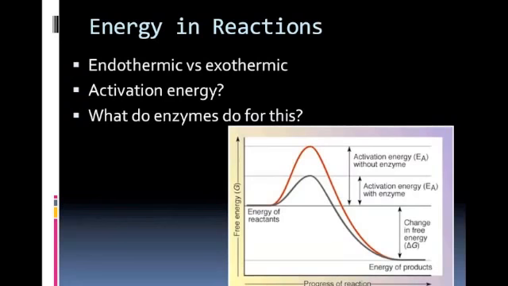And the lower one is the activation energy with an enzyme. So in general, an enzyme is something that is new to you, but it is a thing that lowers the activation energy of a reaction. And we're going to get more into this when we discuss the macromolecules, because that is what an enzyme is. But you have enzymes everywhere in your body that make reactions go or not.